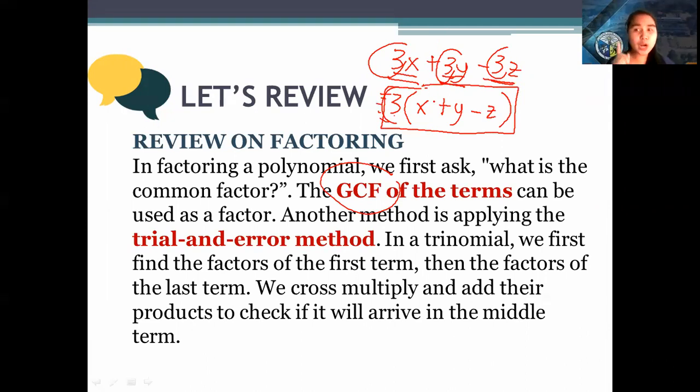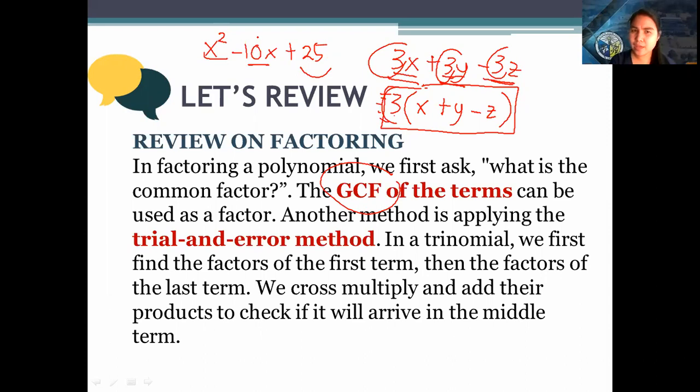Or if there are no common terms among all the terms, like for example, we have x squared minus 10x plus 25. You might think, what's the common? Is x the common? But only 2 has x. The last one doesn't have an x. So x is not a common.